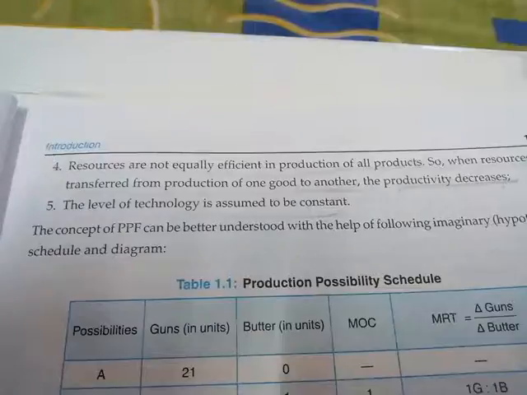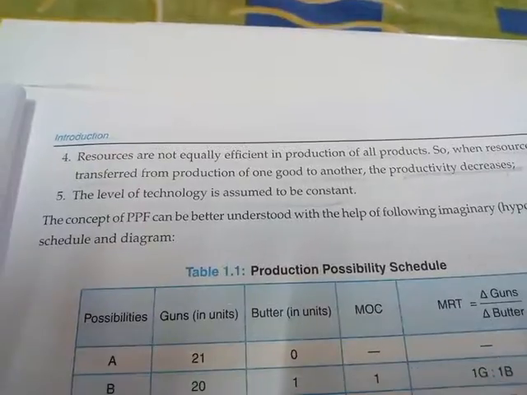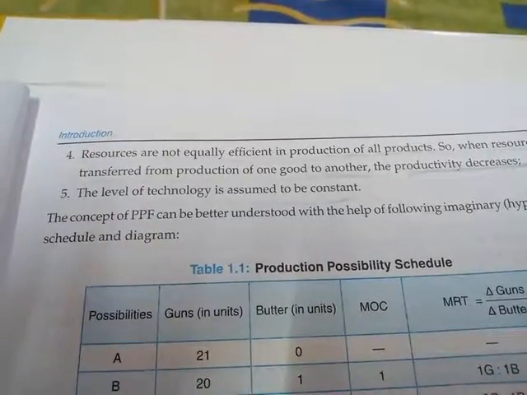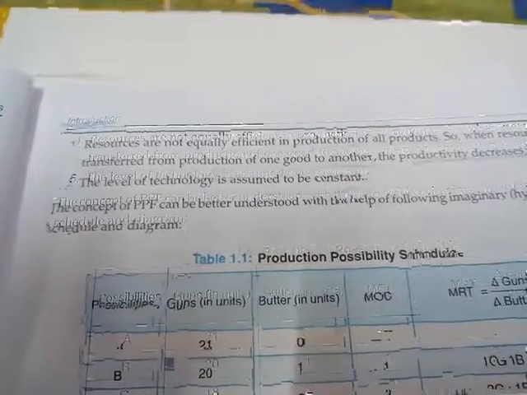It has been told that resources always do not have the power to produce all goods in equal manner. Means when you are using a resource which is used to produce gun very nicely, but it is not as good to produce butter like gun.